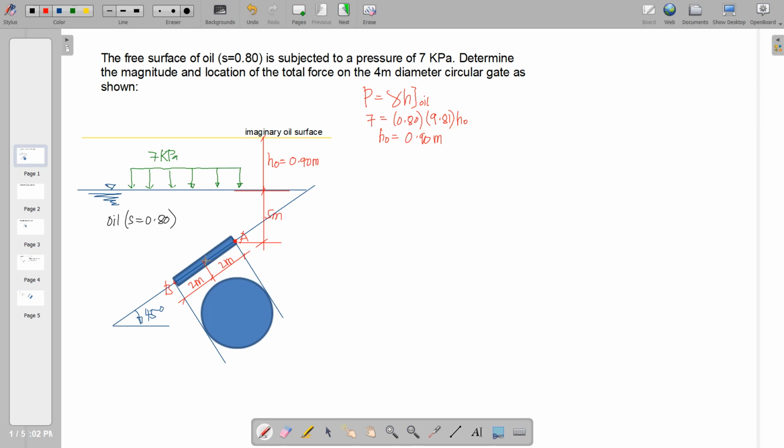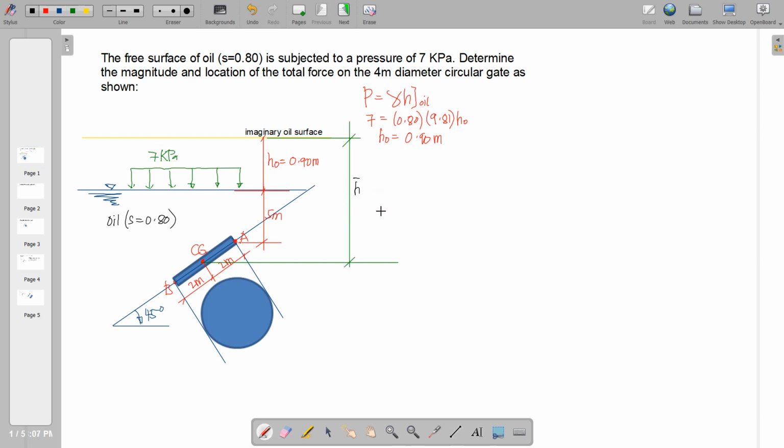So H bar will be referenced from the center of gravity up to the liquid surface. Say this is the center of gravity. So we will use the imaginary oil surface instead of the original liquid surface because we have an equivalent head of 7 kilopascal.